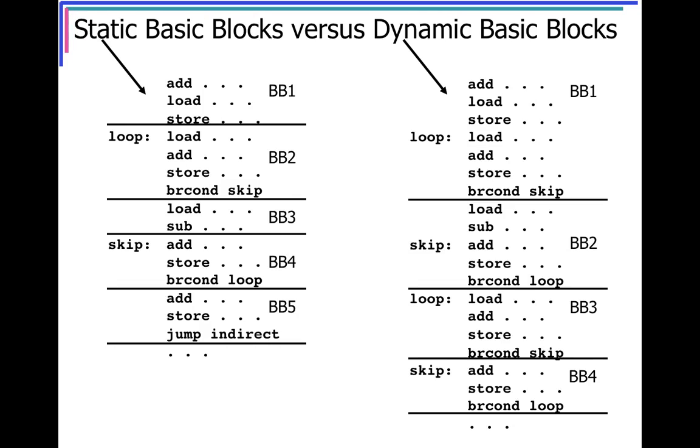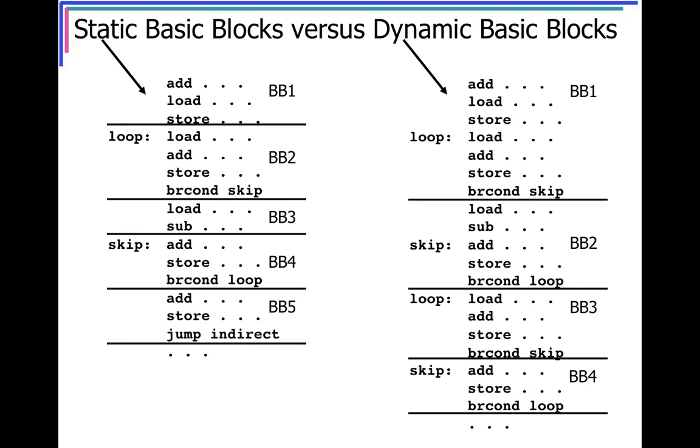Our leaders are the first instruction of a method, the target of a jump or a conditional branch, and the instructions that follow a jump or a branch. Once we find our leaders, we know how to connect our instructions by figuring out where the last instruction of the basic block is going next. I've left off the edges between basic blocks in this example.